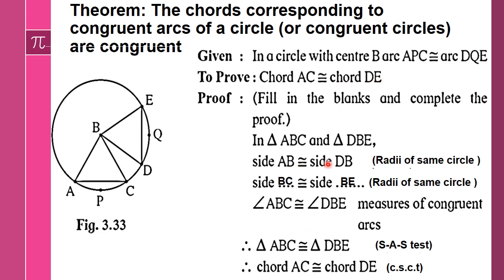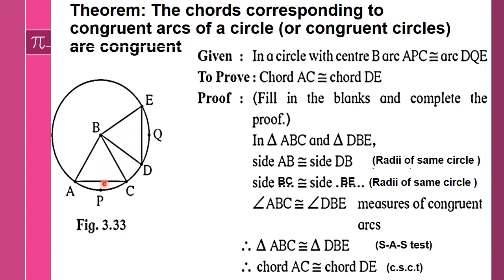The framework of the proof is already given, it's a fill in the blanks type, so we need to fill a few things, otherwise the proof is already written. It starts with considering triangle ABC and triangle DBE. Here we had two arcs and two chords. Then we joined the radii AB, BC, BD and BE, and we got two triangles.